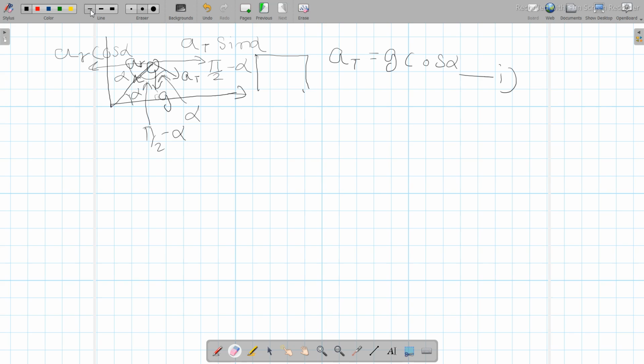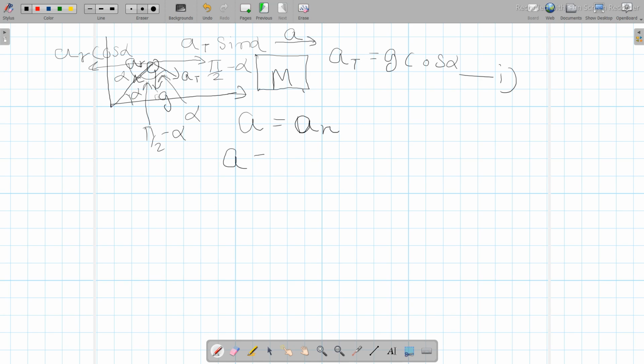Now the body of capital mass M is moving with acceleration a. So we know that acceleration a is equal to the horizontal component of acceleration of the body in circular motion.